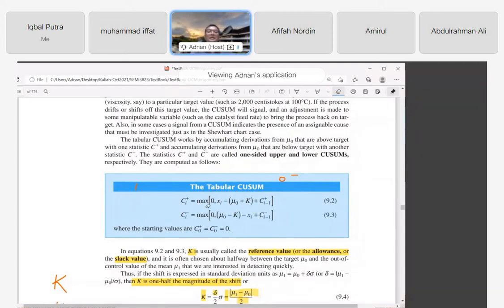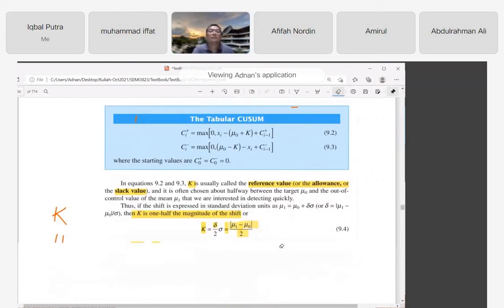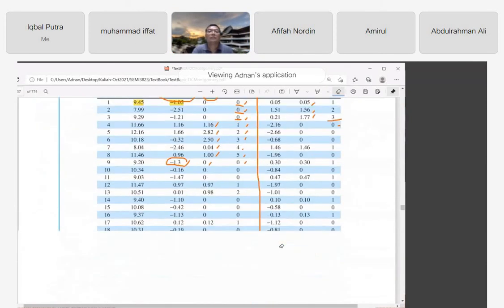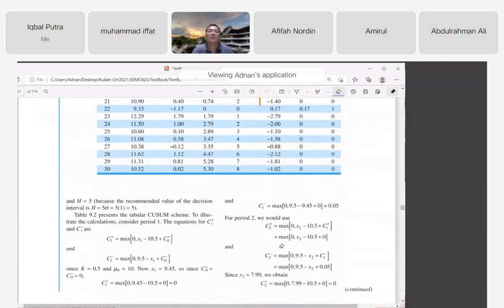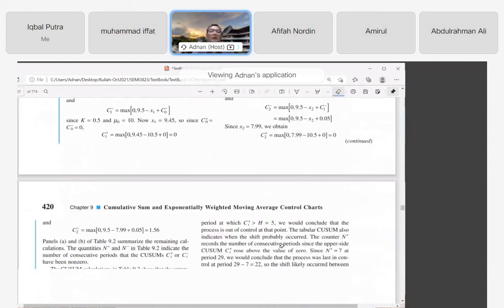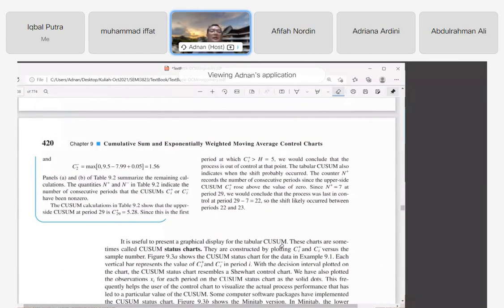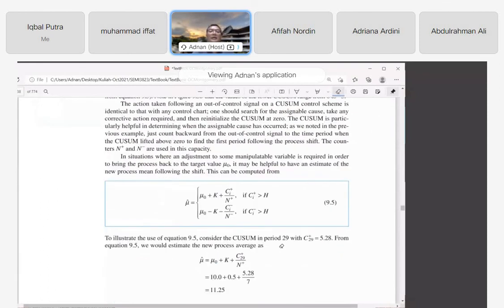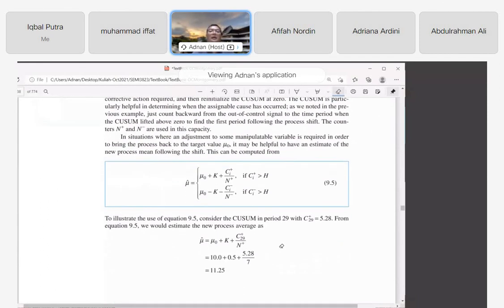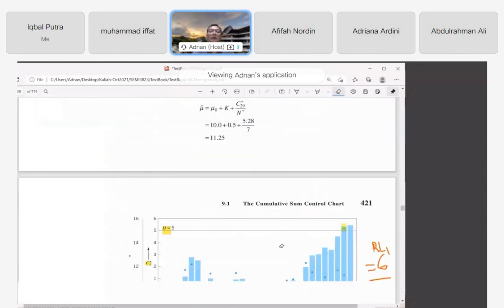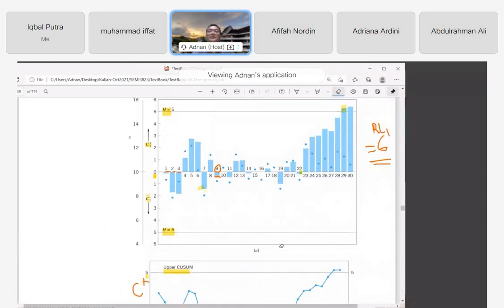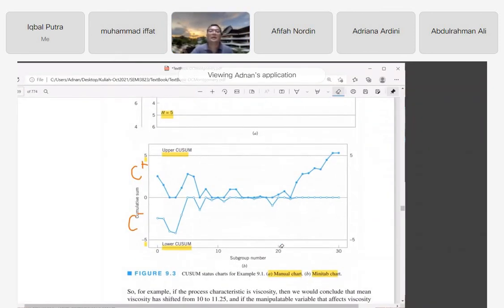Take the maximum value. So that is the mechanism to calculate that. And this is what we have in the Q sum.